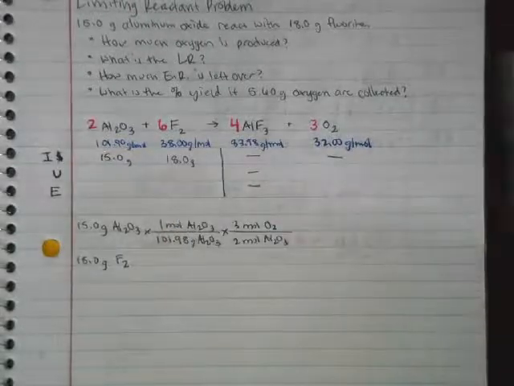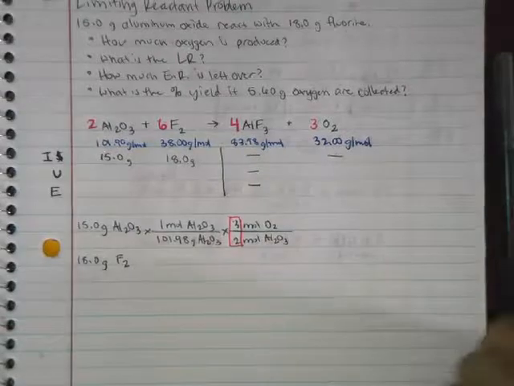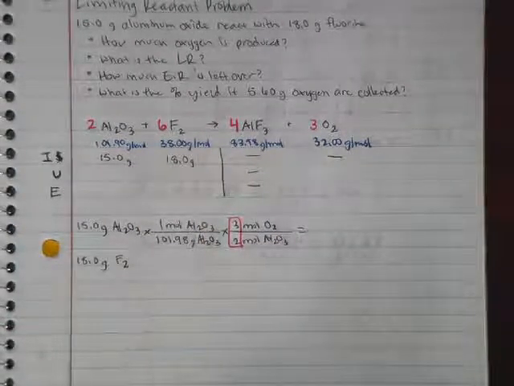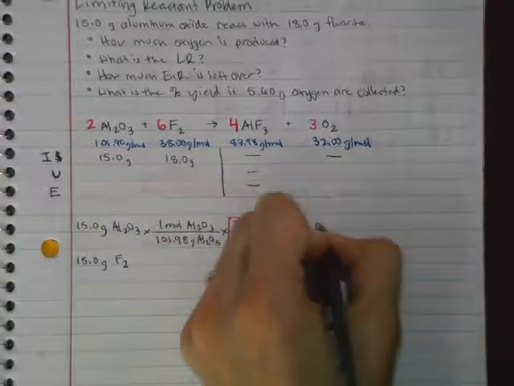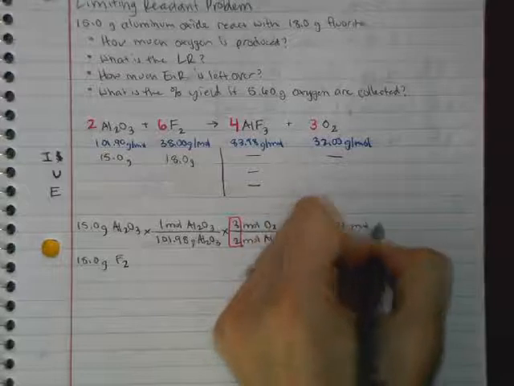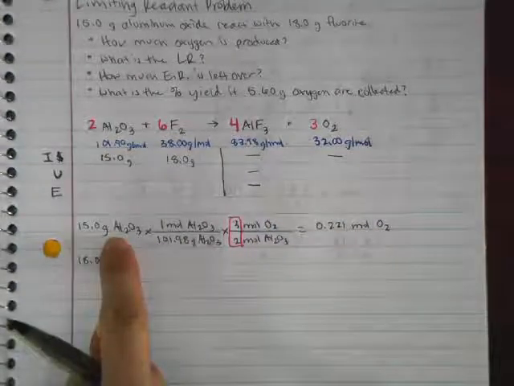And of course, those come from my coefficients in my balanced chemical equation. Okay, so if I throw that into my calculator, I'm able to make 0.221 moles of O2.